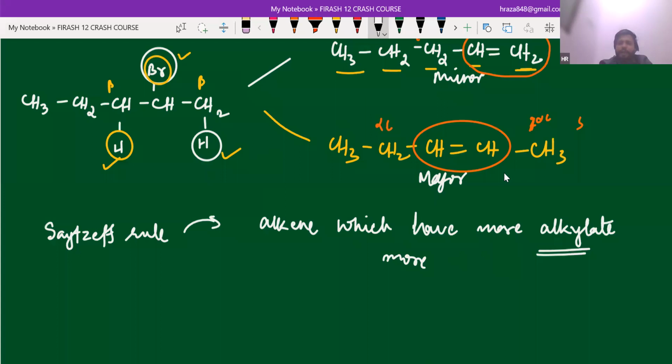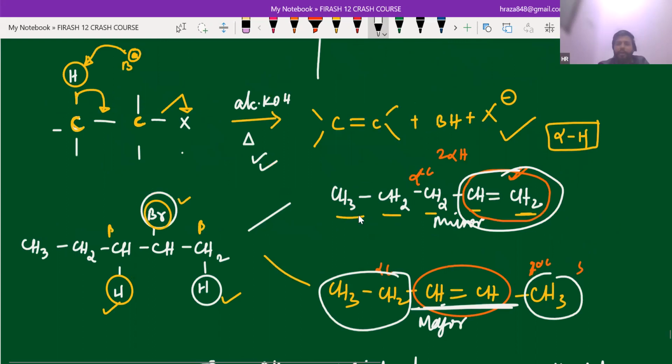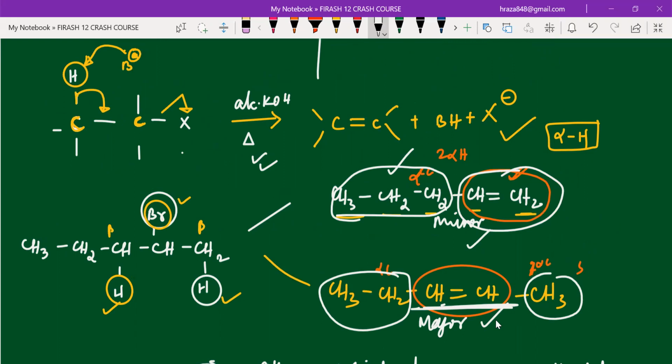As you can see, along this double bond we have this alkyl and this alkyl, that means two alkyl. But in the above, along this double bond, we have only one alkyl part. So it is less stable, minor, and this is more stable because it is more alkylated. Are you getting my point? Yes, sir.